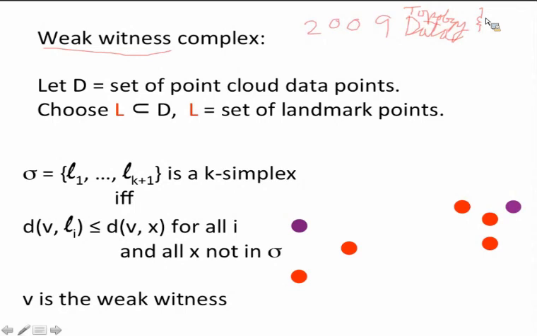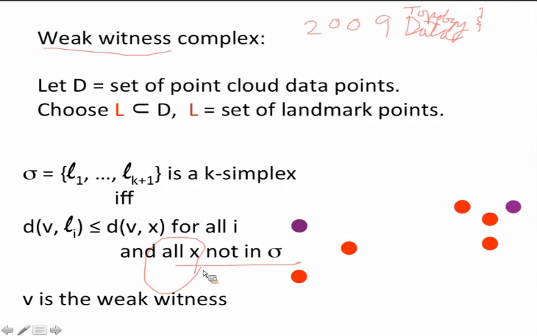He also talks about this weak witness complex, where, again, this is a k-simplex if and only if the distance between a landmark is less than or equal to x for all i and for all x not in sigma. So in many cases, in your weak witness complex, you're actually talking about the closest point for all x, not just x in your landmark set.